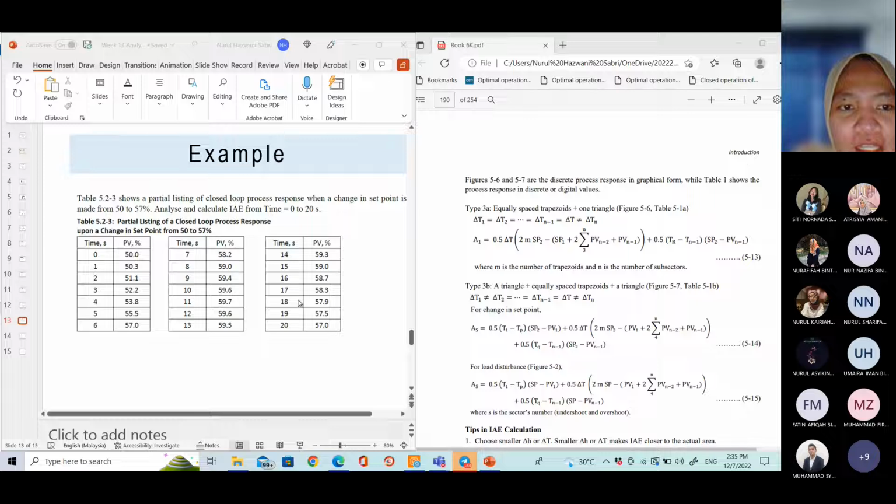Supposedly you will get 14 for N. Did anyone get the same as me? 14. 14, madam.